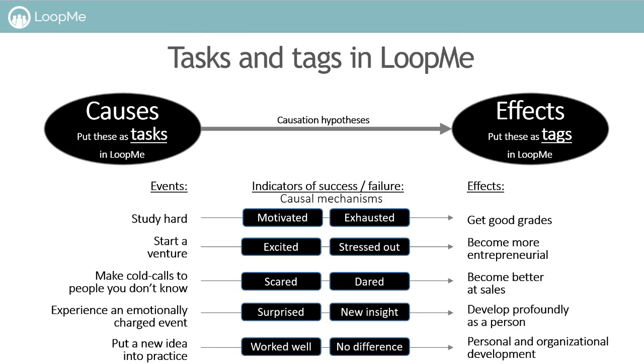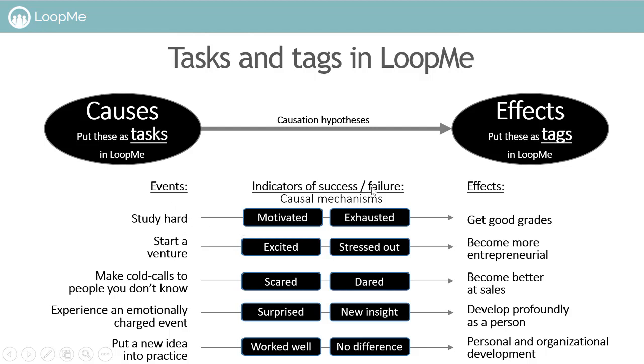So we can use LoopMe to find out what is going on in corporate entrepreneurship on a micro level. That is what we're going to do at the Corporate Entrepreneurship Track here at Chalmers. Here are some examples. How we use LoopMe is to put the causes we want to look at as tasks. Then we have a hypothesis around what effects these causes will lead to, and we put the effects as tags in LoopMe. For example, here we can put a cause, study hard.